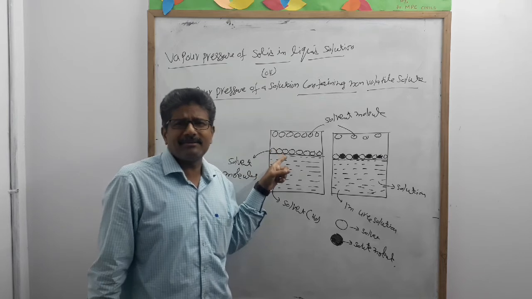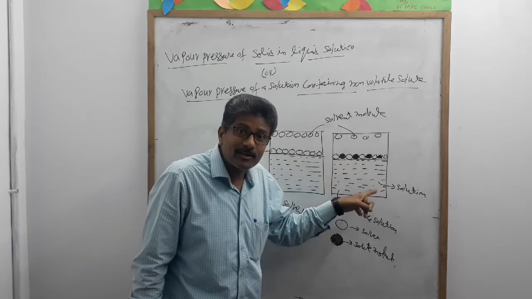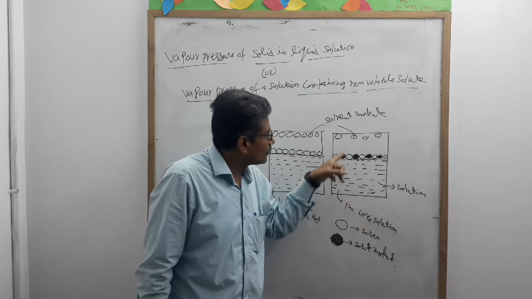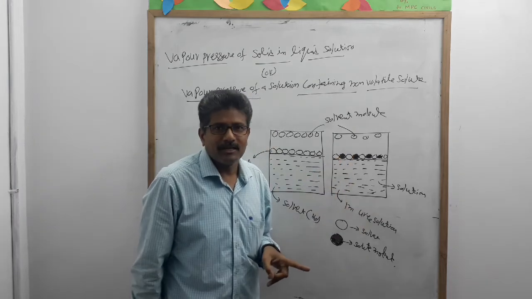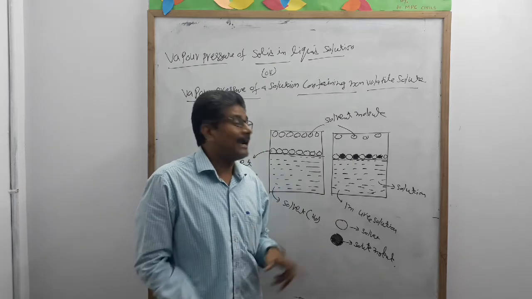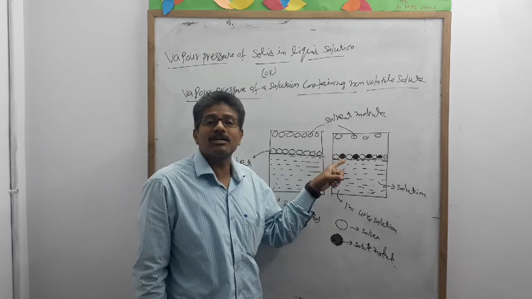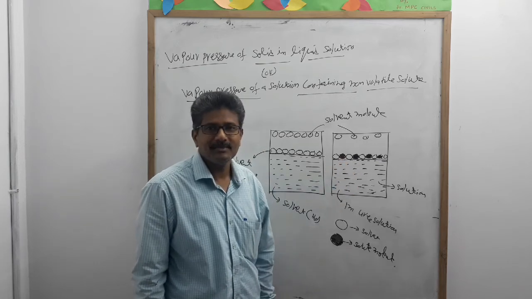The surface of the solvent contains only solvent molecules, but the surface of the solution contains both solute and solvent molecules. Solute molecules cannot change into vapor state, and they prevent vaporization of the solvent molecules present below them.